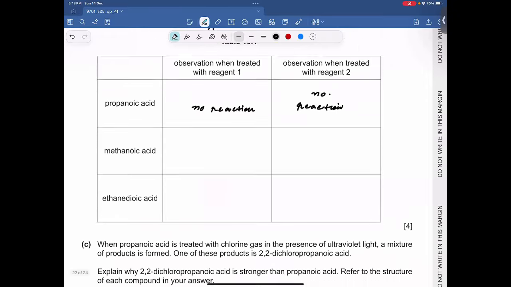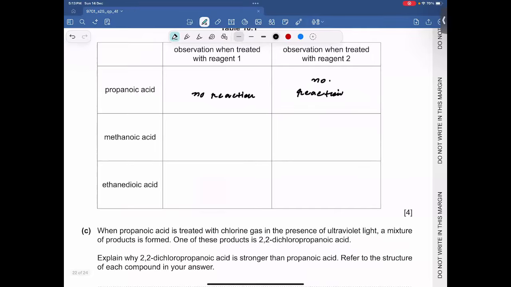Methanoic acid can react with Tollens reagent, and because of that, a silver mirror forms. And reagent 2 is basically KMnO4: the color is purple, and it will turn colorless.